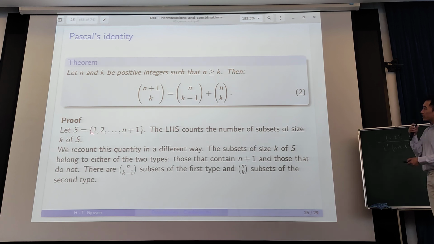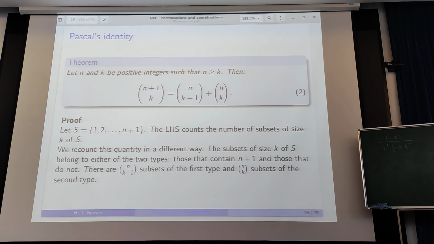Now, we need to count this number. We need to divide the subsets of size k of this set into two cases. Here we have a sum, so we want to use the sum rule. We need two separate cases so that in one case we have this many subsets, and in the other case we have this many subsets.